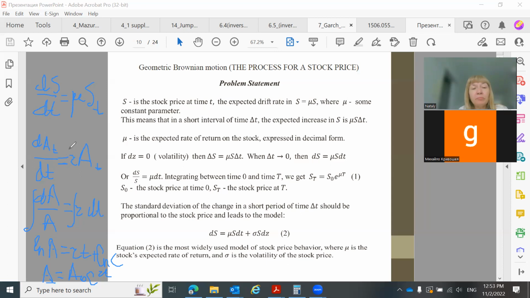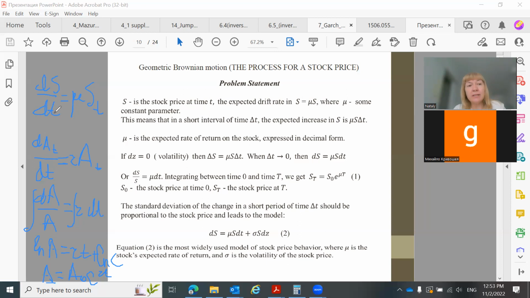But for investment, the future value depends only on time and initial value. But for stock price, the value of stock price depends not only on time, but on chance too, because it is a stochastic process.